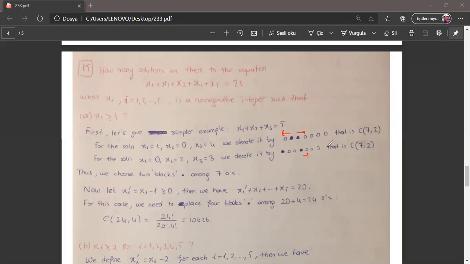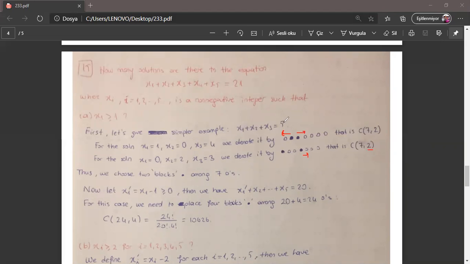Again, among 7 empty dots, we choose 2 of them. So here we had 3 variables, and we choose 2 blocks.